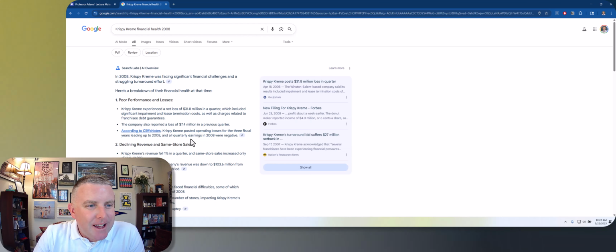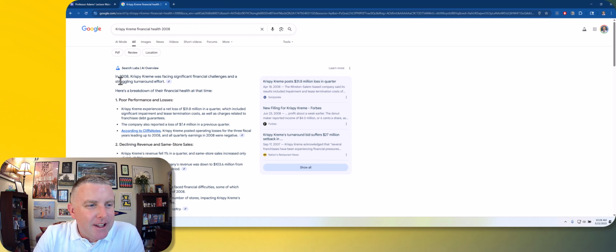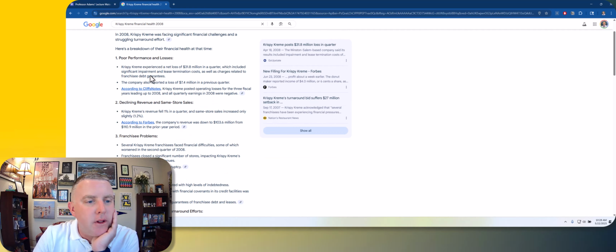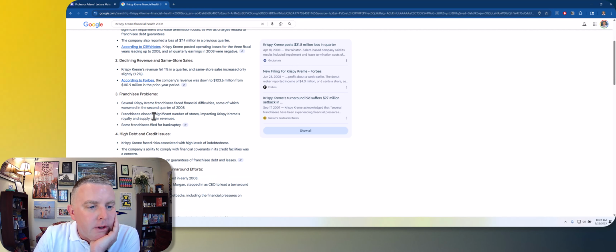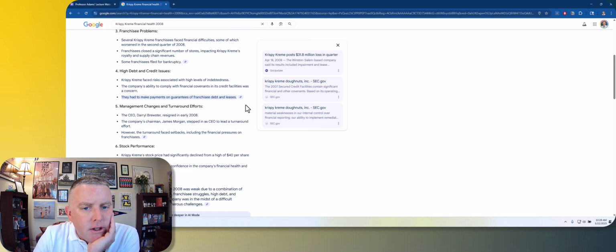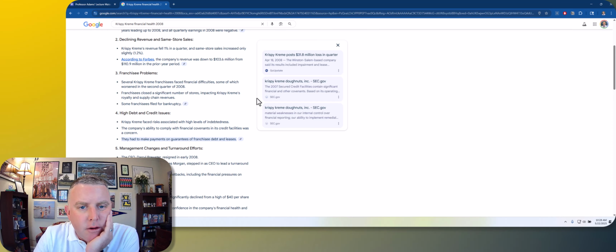So Google's AI overview here is indicating in 2008, Krispy Kreme was facing significant financial challenges and struggling with the turnaround effort. So they had poor performance and losses, declining revenue, franchisee problems, high debt, and credit issues. This is probably the one that fits with what we're seeing in bankruptcy predictions.